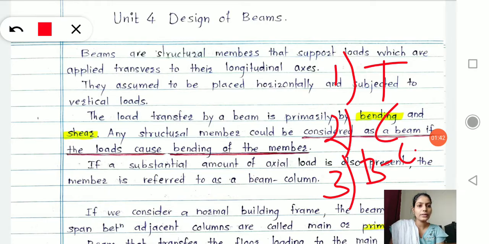What is beam column? The member in which along with the axial forces there is a moment, the section is subjected to the axial force as well as moment, then that kind of member is designed as a beam column. So let's go to the fourth unit now.